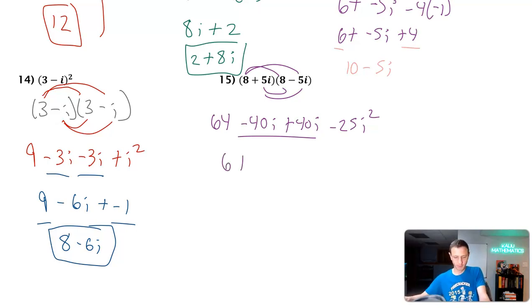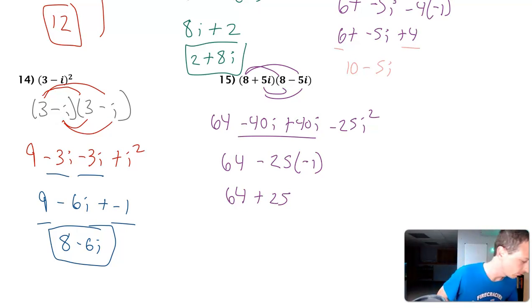So I get 64 minus 25 times i squared, which is negative 1. So 64 minus 25 times negative 1 is positive 25. 64 plus 25, I don't want to make a mistake, is 89. So we get 89.